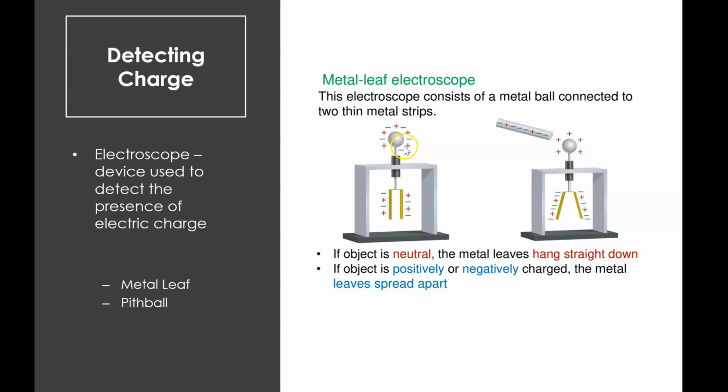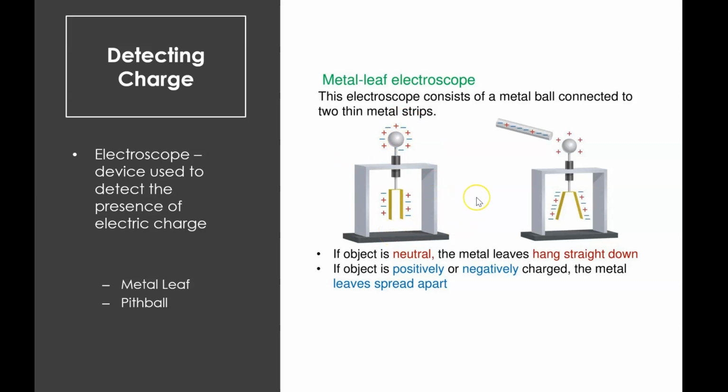So here again, we have 1, 2, 3, 4, 5 negative charges, 1, 2, 3, 4, 5 positive charges. The leaves have the exact same: 2 negative charges on this side, and 2 positive charges on this side. So electrically, this metal leaf electroscope is neutral.